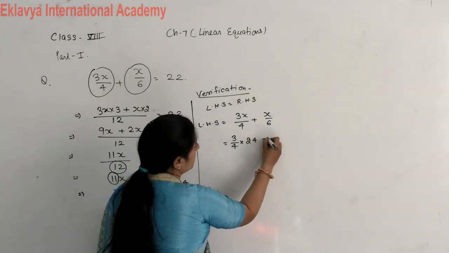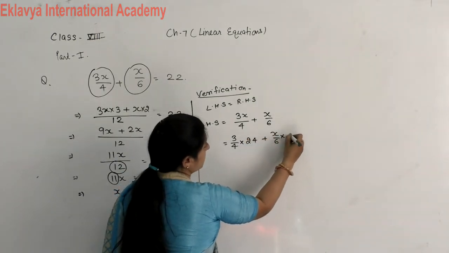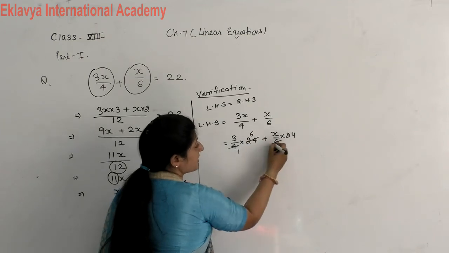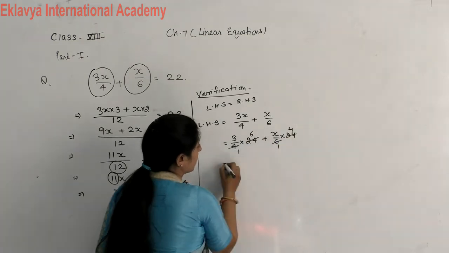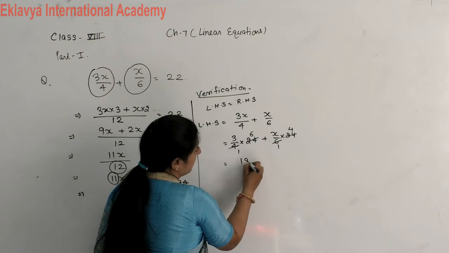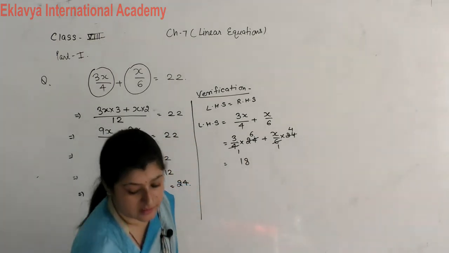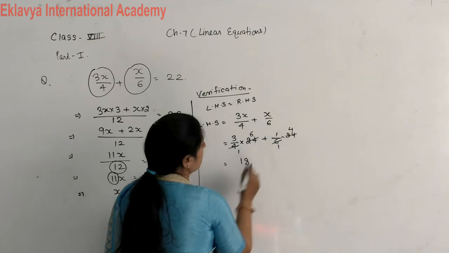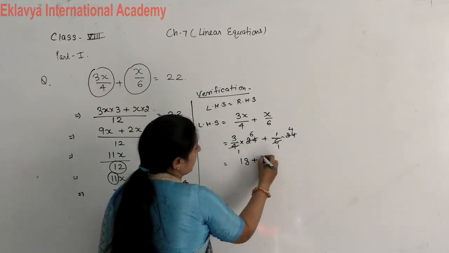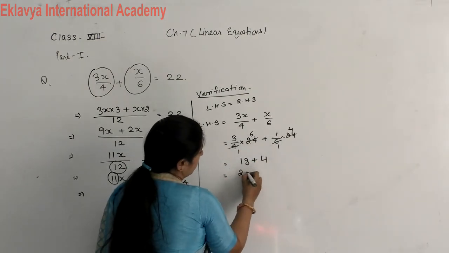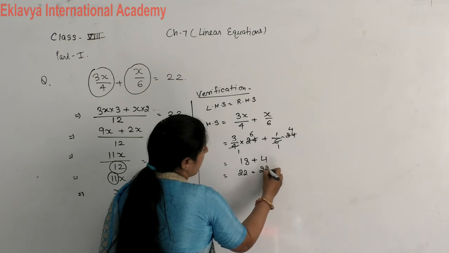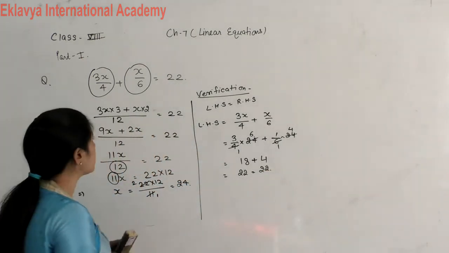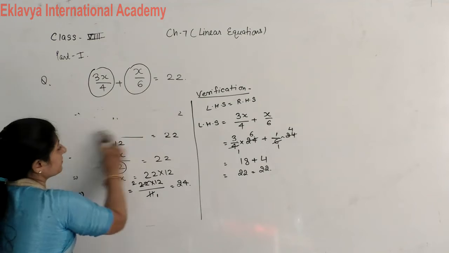Put this value. 4 ones are 4, 4 6s are 24. 6 ones are 6, 6 4s are 24. Here the x value is 24. 6 is 6, 18 plus 4 is 22, that is equal to RHS. It means LHS is equal to RHS. It means our result is correct.